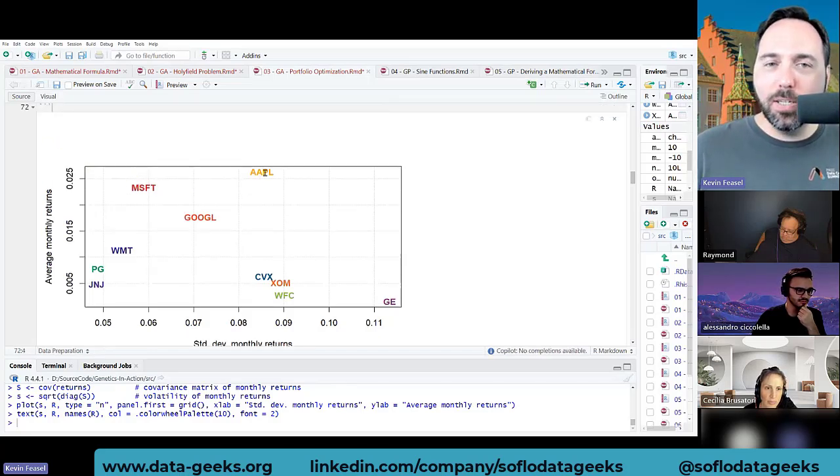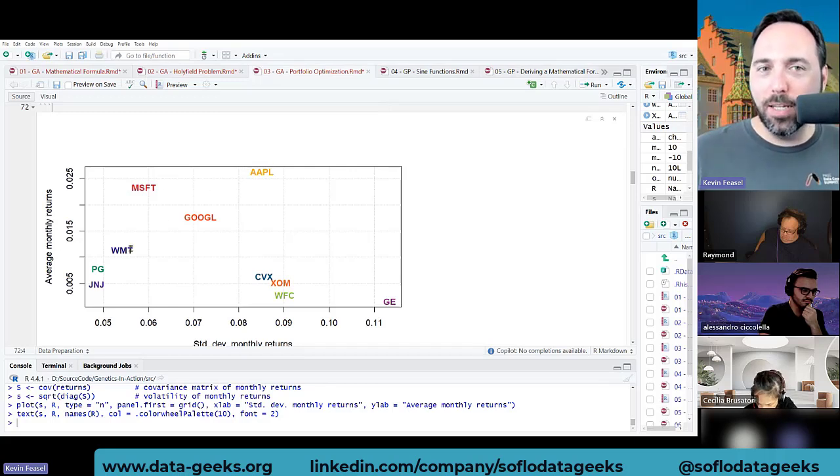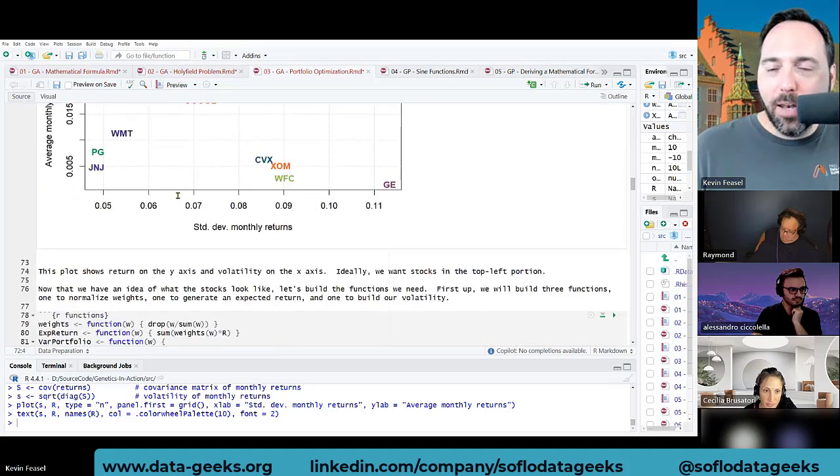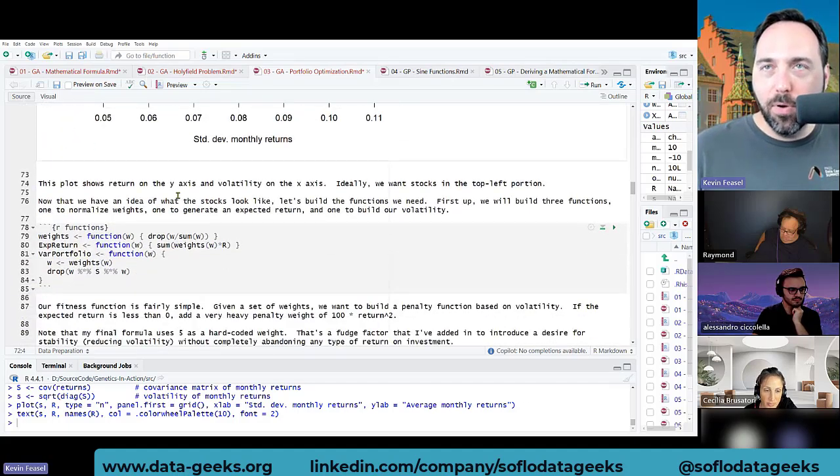But then the question is, Apple has higher returns, but they also have higher volatility. Google is a little bit lower than Microsoft in terms of returns, but it's also lower than Apple in terms of volatility. Do I hedge a bit with Google stock? This is the type of thing we want to try to understand.